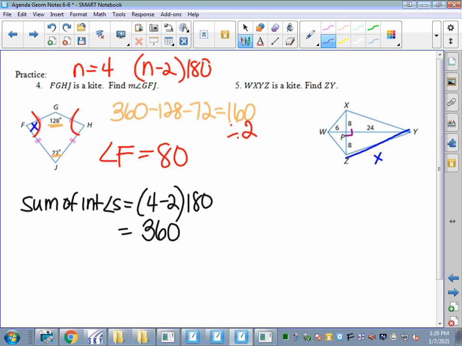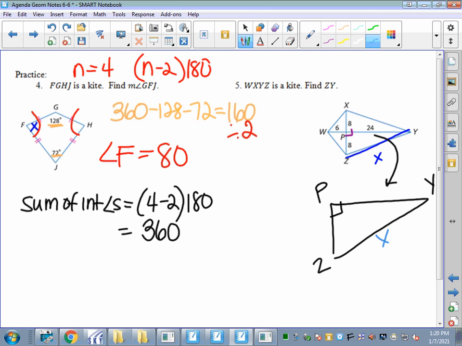So if this is perpendicular, let me take this triangle out. That's where I just put that right angle. This is P, Z, and Y. I put an X on ZY. I know that PZ is 8. I know that PY is 24. This is really a throwback. What do you do to find the missing side of a right triangle?